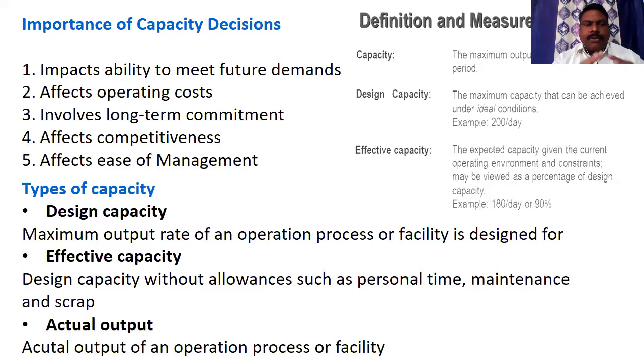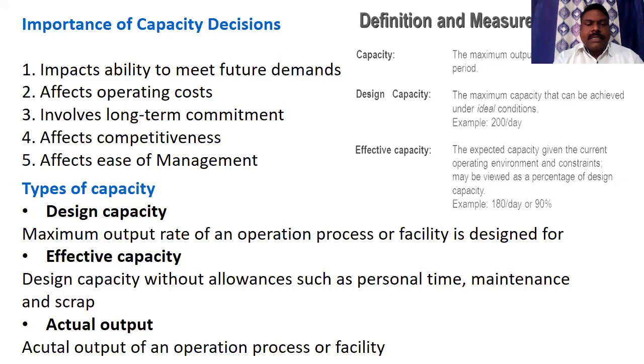If you take some machine X, it is going to load some 10 tons of capacity and process it. This is the maximum output rate. So design capacity is the machine's capacity and the worker strength. They are going to work for 8 hours, with one extra hour one time. So this is design.